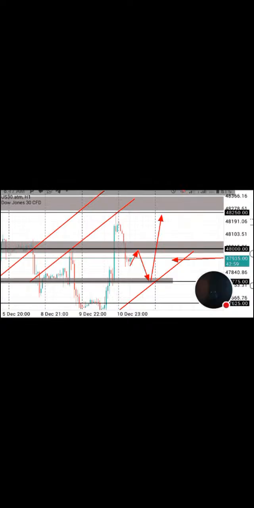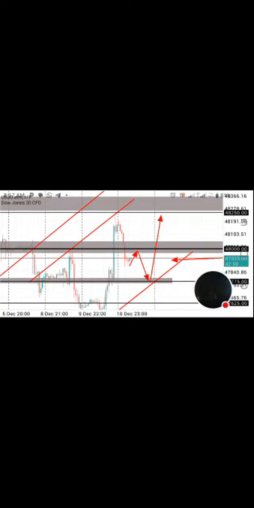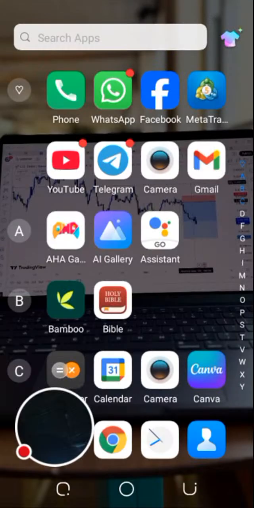We are looking for market to give us, but US 30, you all know US 30, we normally take advantage of US 30 at the New York session. So for that reason, I'm gonna be rushing quickly to the GBP JPY and the GBP USD.